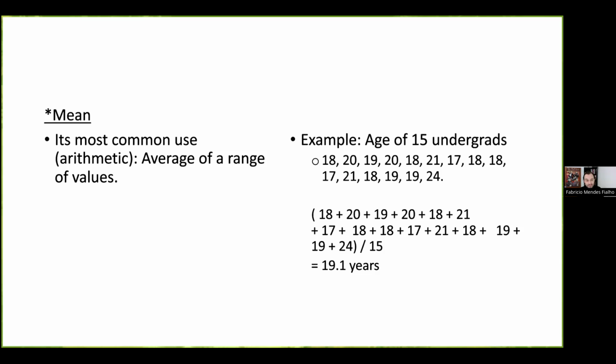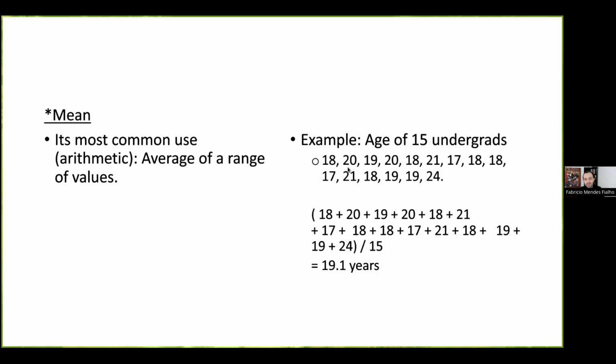A mean, in its most common use, is the arithmetic mean. It's basically the average value in a range of values. For instance, in our example of the 15 students, we had all these numbers here as their ages, right? So what do we do? We sum all those values and divide by the number of values.